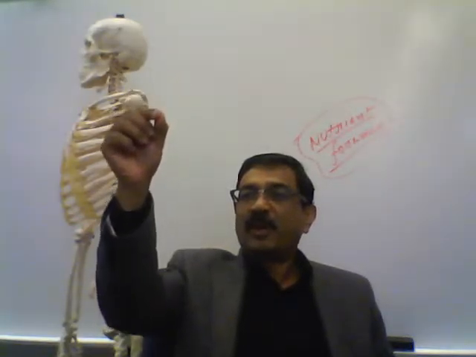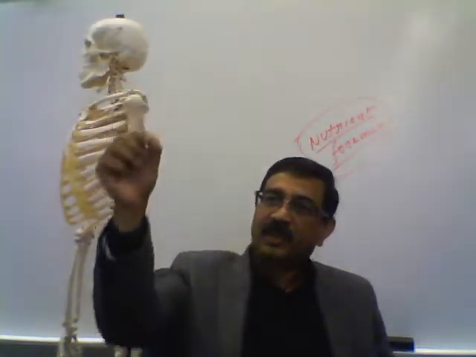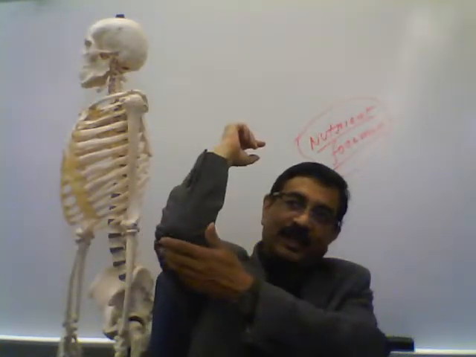So that's the upper end. In the lower end, you have a small extended bony structure that goes further down, like your radius and ulna. And in your fibula also you have an extended lower end, and those are called malleolus.